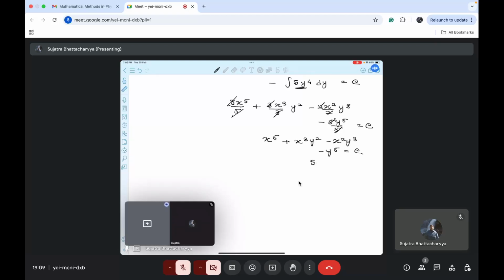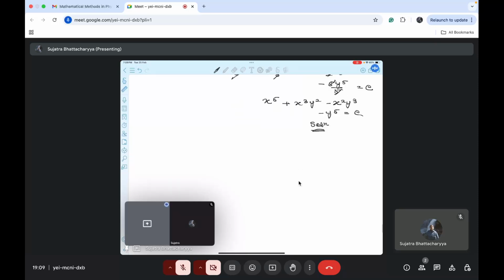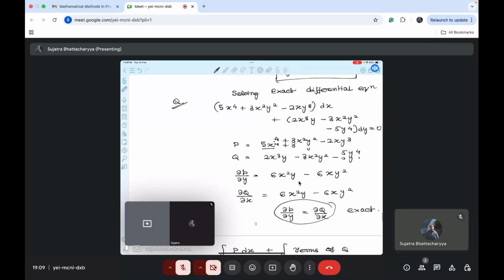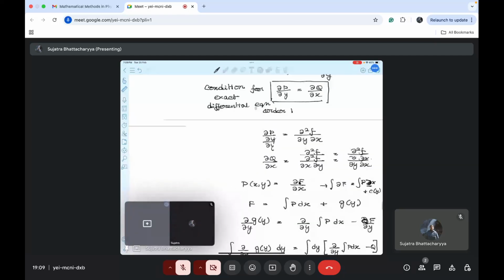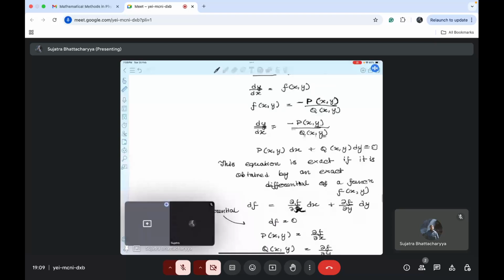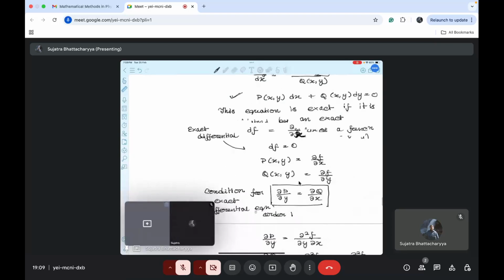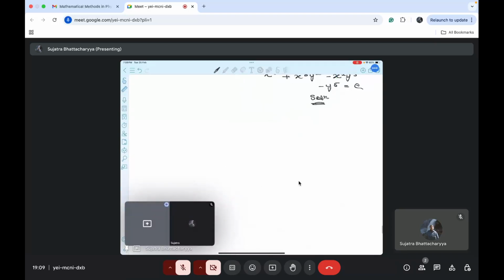This is the solution of the exact differential equation. Okay, so the important thing is that the condition is delta p by delta y should be equal to delta q by delta x, if the differential equation can be written in this form. This is the important part.